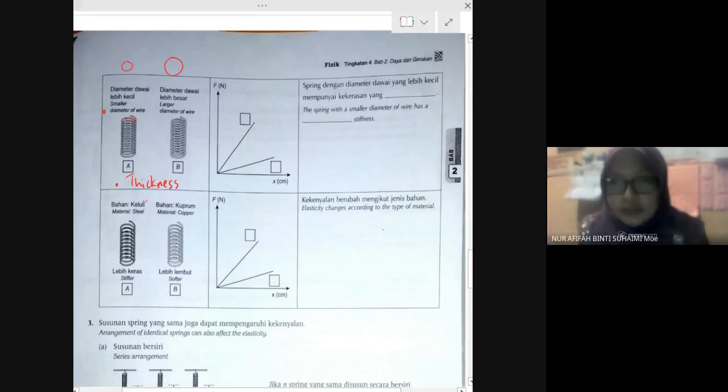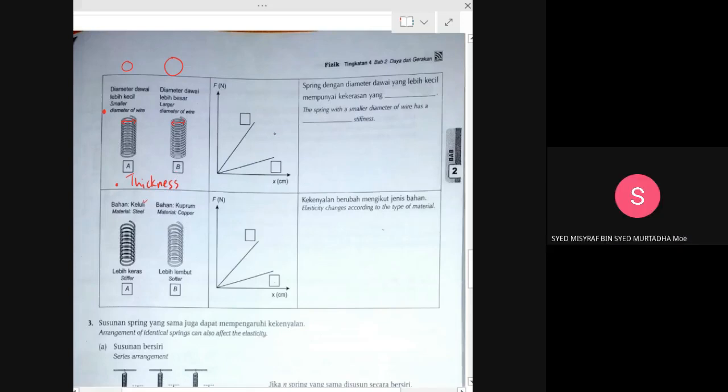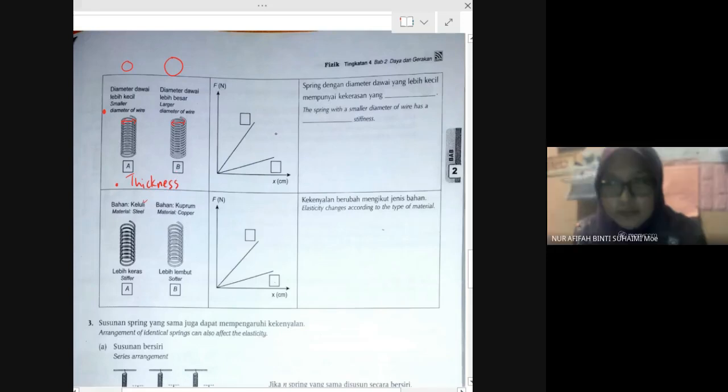Yang dekat lubang ni sama besar. So which one is stiffer? Large diameter or smaller diameter? Spring kasar dengan spring halus. Yang mana susah nak compress or extend? Kecil punya. Kasar. Yang kasar. So yang besar lah. That has large diameter of wire. So this one is B.